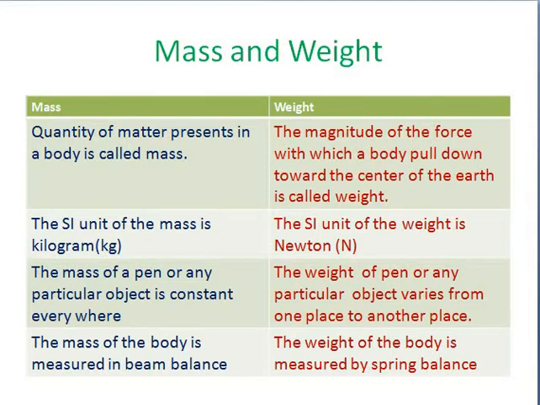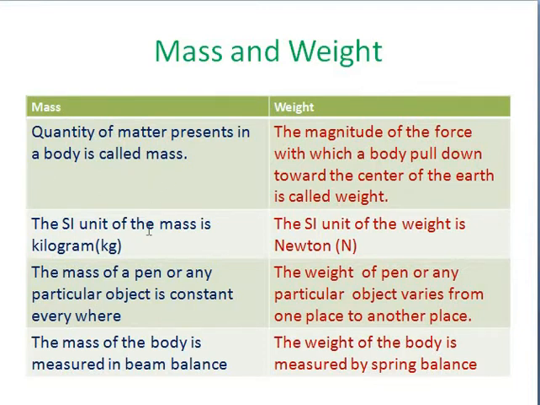Quantity of matter present in our body is called mass, and the magnitude of force with which a body is pulled down towards the center of the earth is called weight.